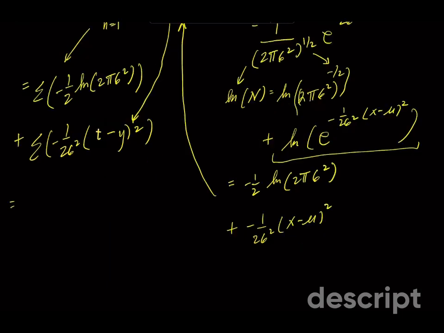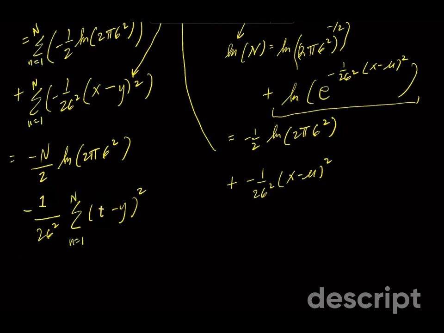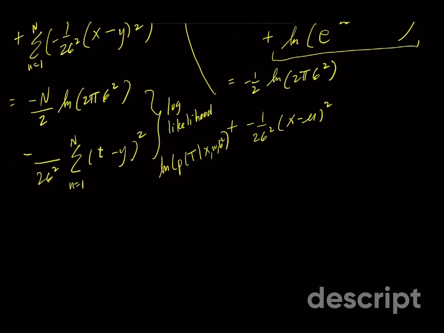And we can simplify this further to be equal to negative capital N over 2 ln of 2 pi sigma squared, minus 1 over 2 sigma squared times the summation of the squared error. And remember, this is from n equals 1 to capital N. Same with this and that. And remember that this is the log likelihood, which is ln of p of getting your target data given x, w, and sigma squared. This numerator should just be 1 because we place the summation here.